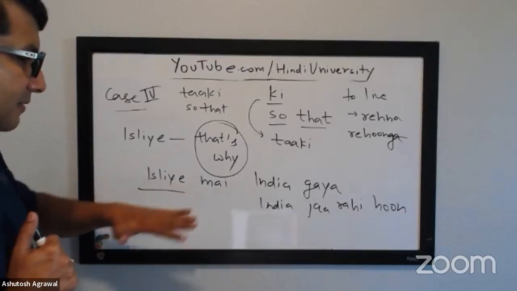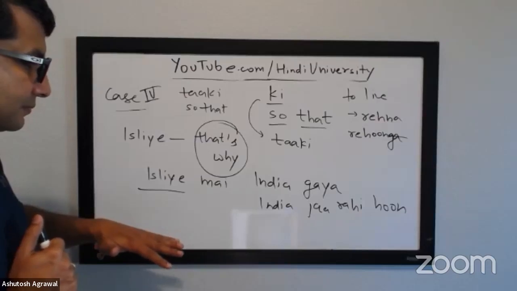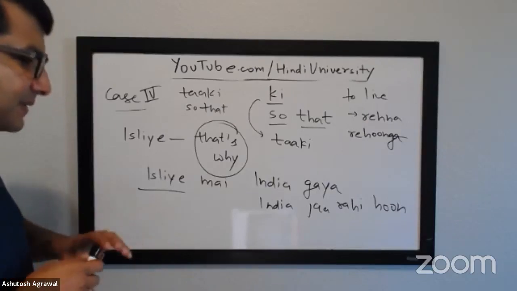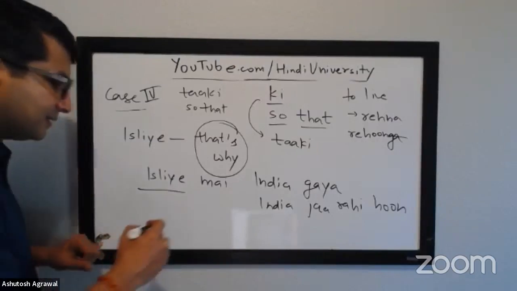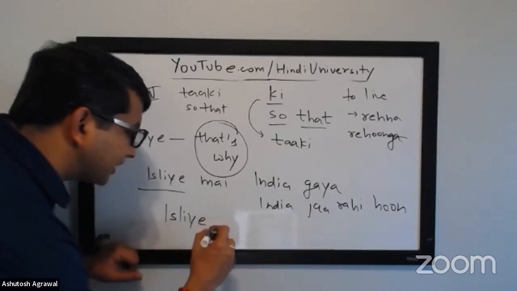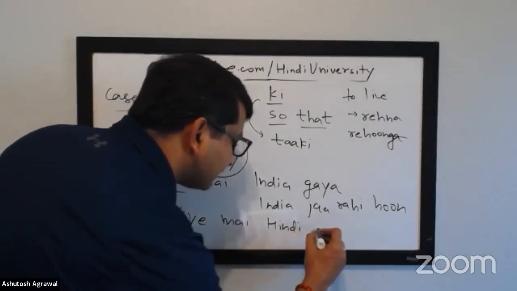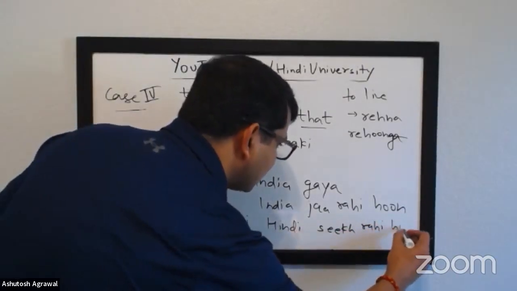No, that's much more clear. It's because isliye is more something that, as JD so eloquently pointed out, is caused. Yes. And taki is something that may be, so that something may be. So that's why you use the subjunctive. Right. So इसलिए, let's say you want to say इसलिए मैं हिंदी सीख रही हूँ.